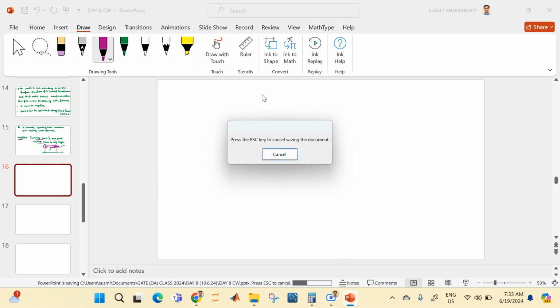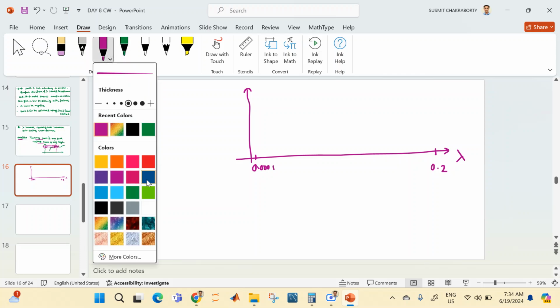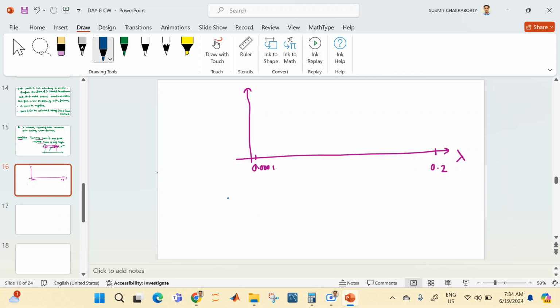Suppose the range of lambda is very small, starting from 0.0001, and suppose the maximum value of lambda I have taken is 0.2. So in between 0.0001 and 0.2 I will consider the lambda and the model.